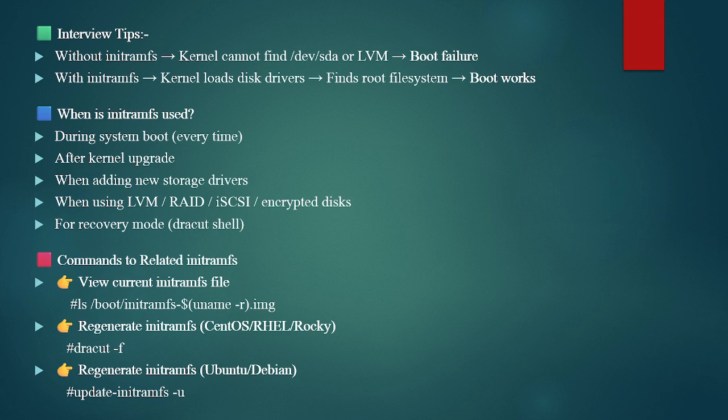To regenerate the initramfs, you use the dracut -f command. That works on CentOS, RHEL, and Rocky Linux. To generate initramfs on Ubuntu and Debian, you use the update-initramfs -u command. With its help you can regenerate the initramfs file system.